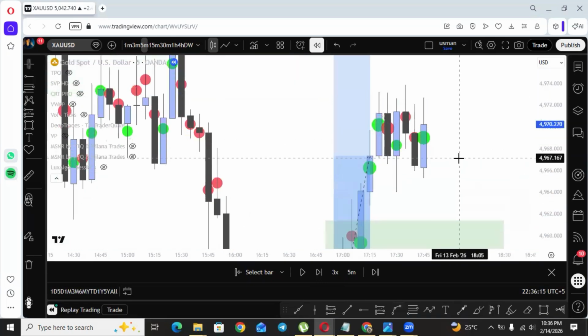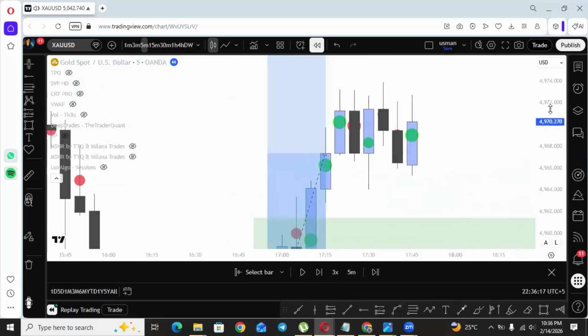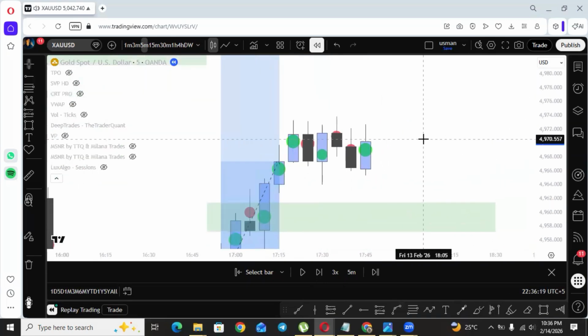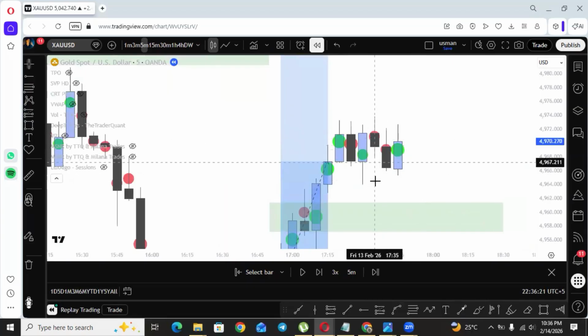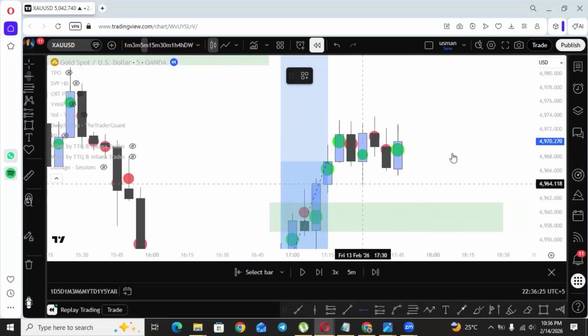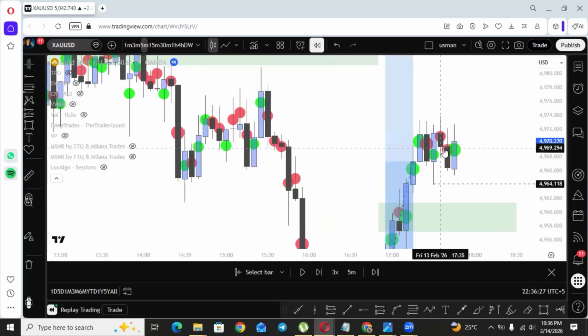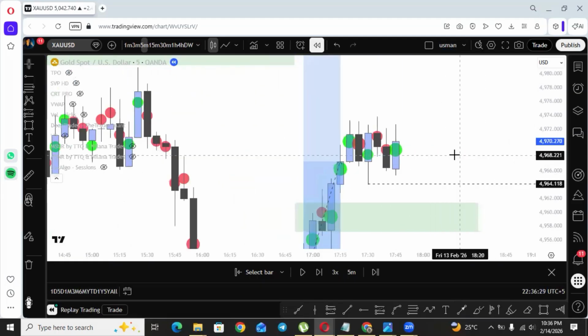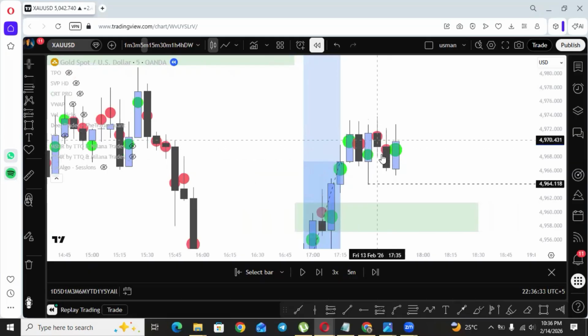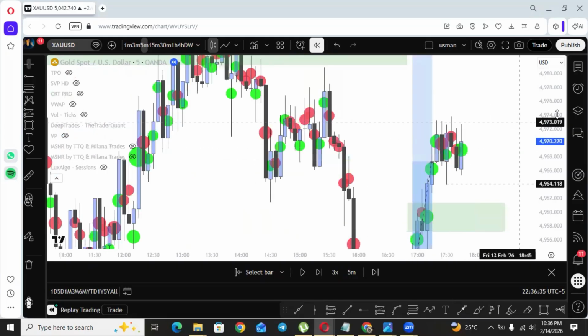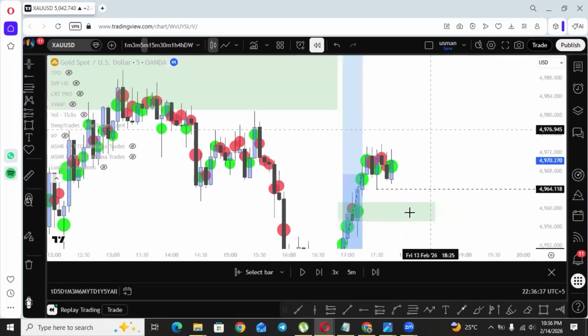If sellers are that strong, why can't they break and close below this wick? So it means that this is just to induce people that the market is maybe going toward the sell direction. So let's see if it is really going towards the sell direction or not.